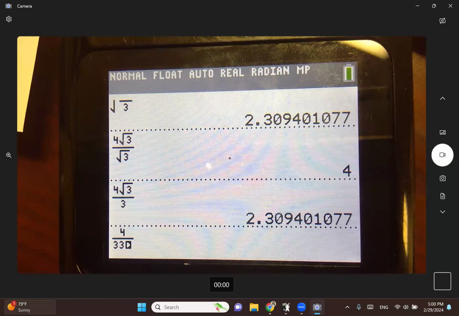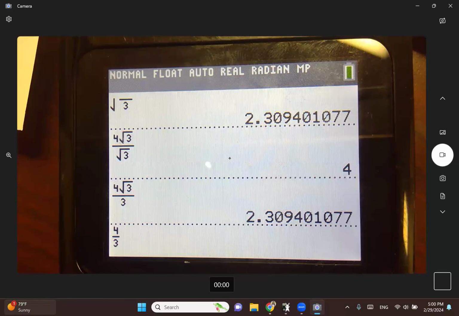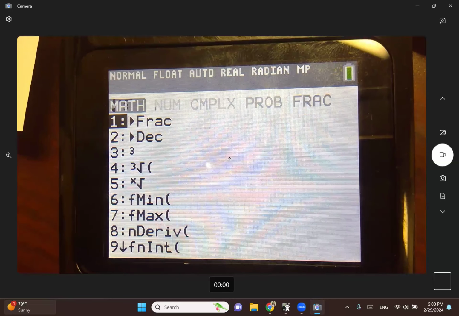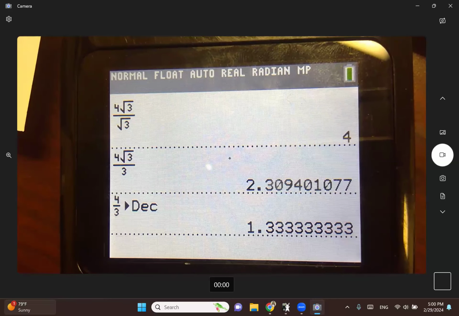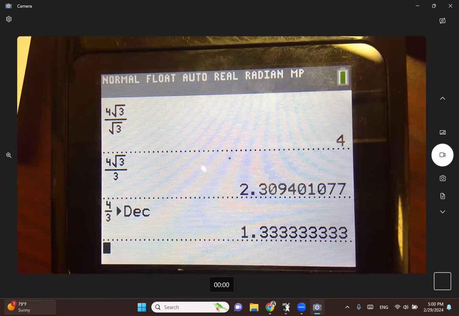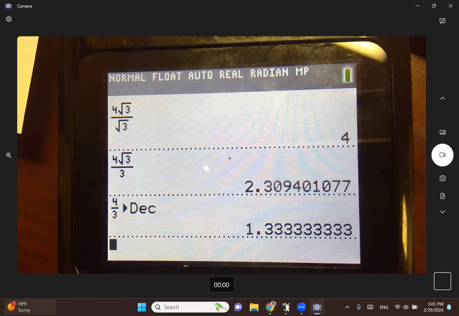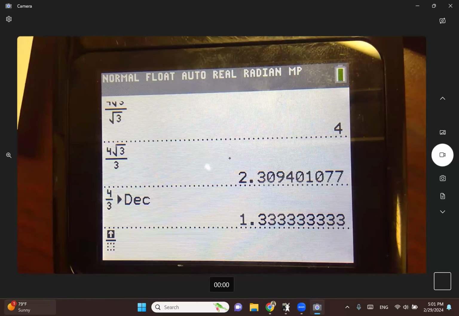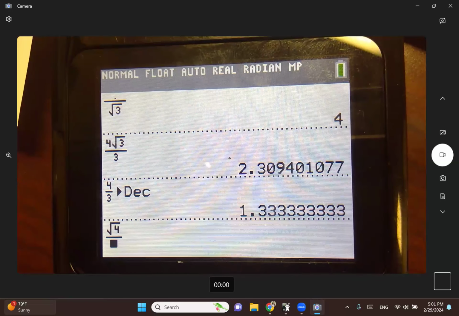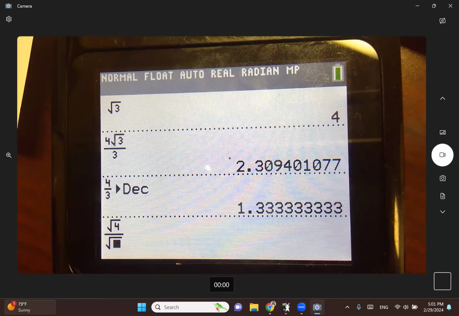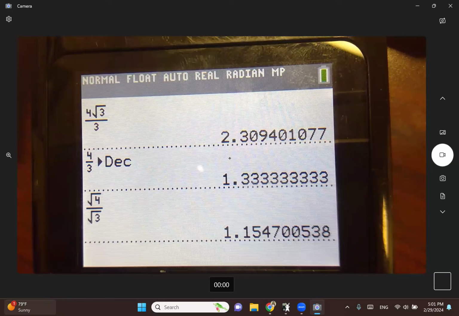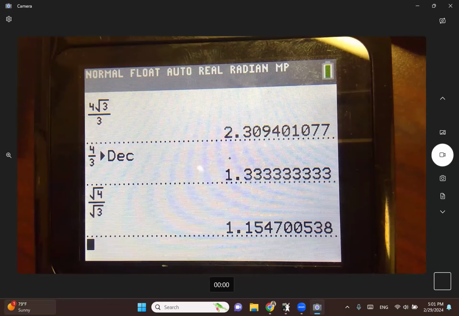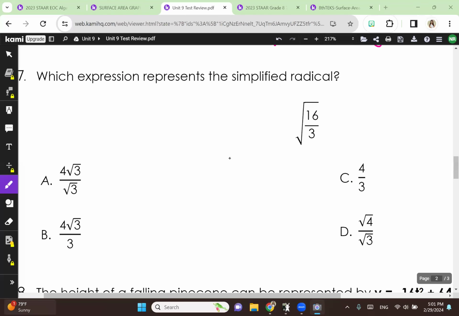I can change it to a decimal. Does not match. We're looking for one that gives us 2.3. And the last answer choice is square root of 4 over the square root of 3, which gives me 1.15. So your answer would be B. The decimals match with B.